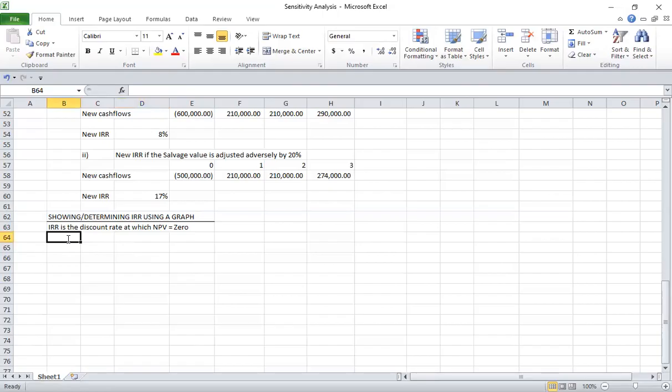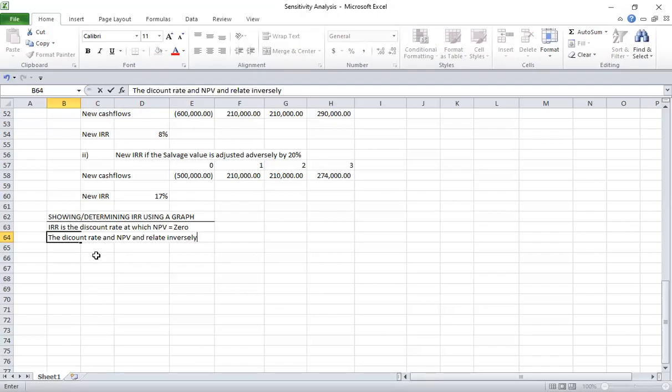Normally, the discount rate and NPV relate inversely. And what does an inverse relationship mean? An inverse relationship means that when one is increased, the other one decreases. That is what we call an inverse relationship.